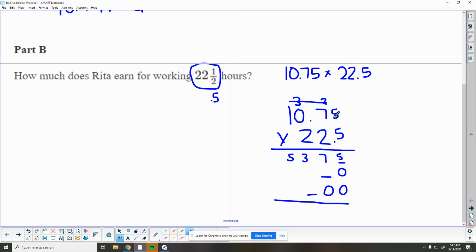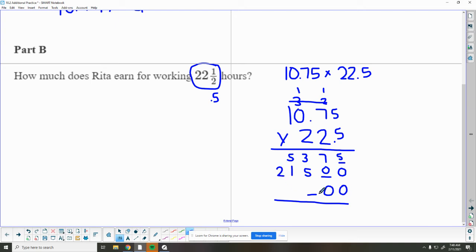Here's my placeholder. 2 times 5 is 10. 2 times 7 is 14 plus 1 is 15. 2 times 0 is 0 plus 1 is 1. And 2 times 1 is 2. Sorry, let me come back, I got carried away there.